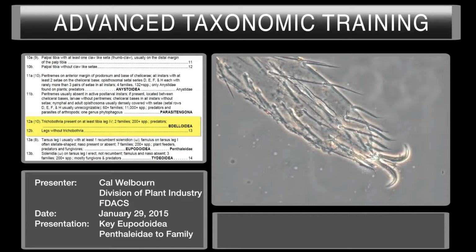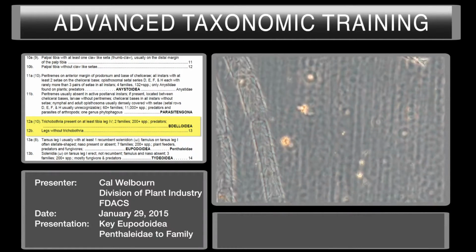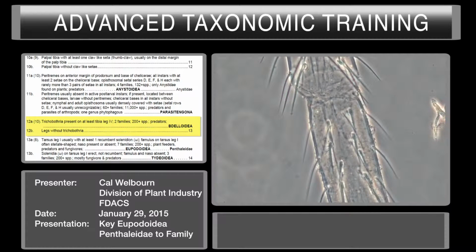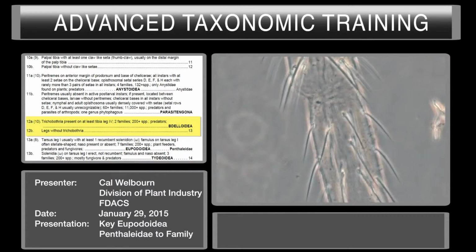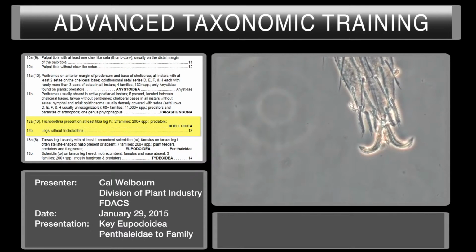And again, we see some solenidia right in here. Now I'm going to go to leg 3. This is tarsus leg 3. This is the tibia. This is the proximal end of tarsus leg 3. No trichobothria obvious here. And now we're down to the pretarsus.